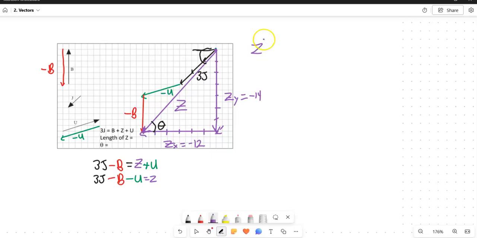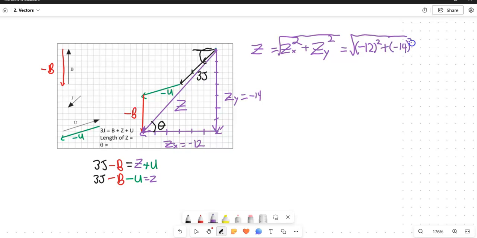So c squared is equal to a squared plus b squared, and we're going to square root both sides. So negative 12 for the x direction, we're going to square, and the y direction is negative 14. When you square those, they'll just be positive numbers.